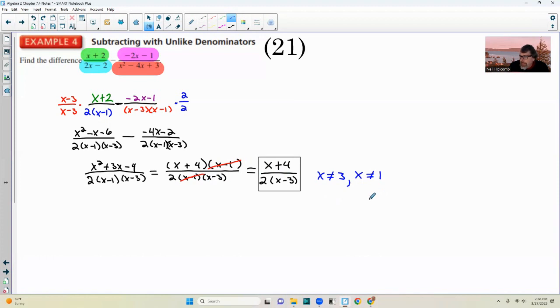Okay, and the book only said x cannot equal -1, but it's x cannot equal 1 and x cannot equal 3. So that was an error, I believe, in the book. Okay, so this is the answer here. So now you should be able to do problem number 21 in your exercises.